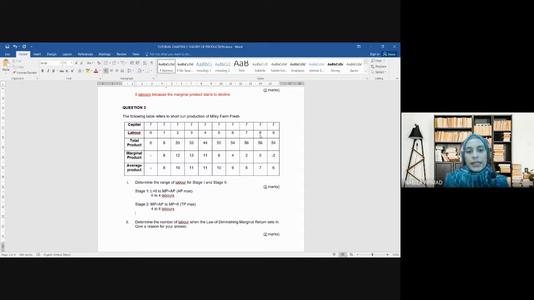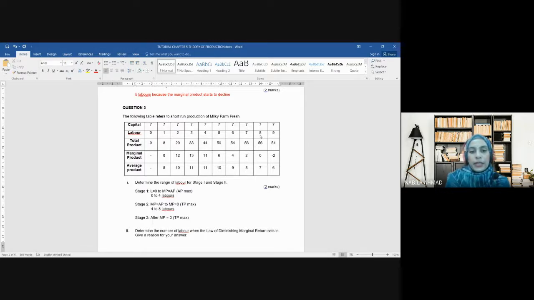Kalau nak tambah lagi stage number 3 pula, ya, berlaku after marginal product equals to 0 atau kita kata total product maximum. So di sini 9 lah, daripada kita kata after, so 9 adalah stage number 3. Okay.